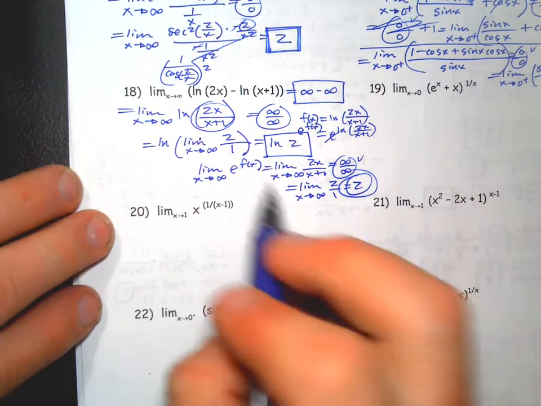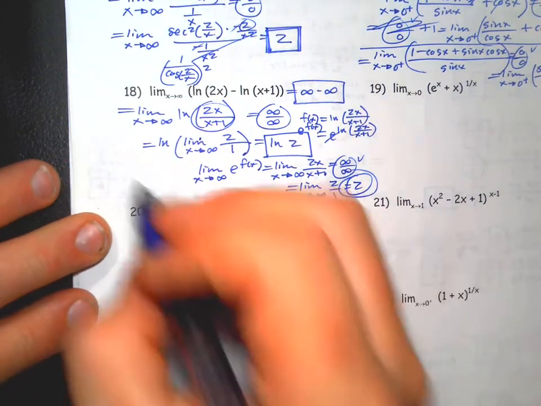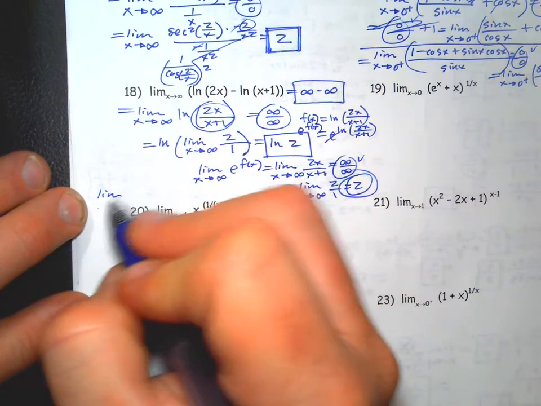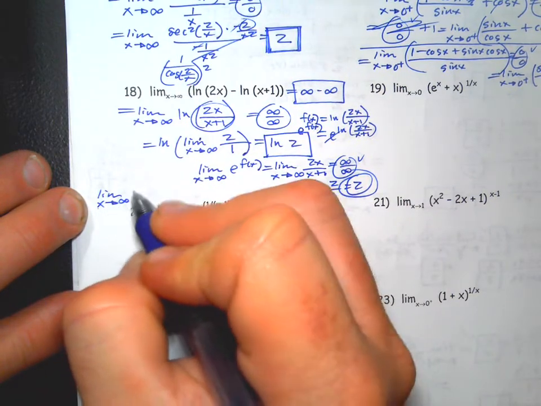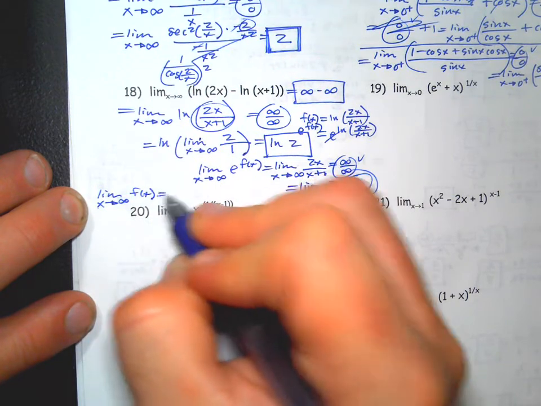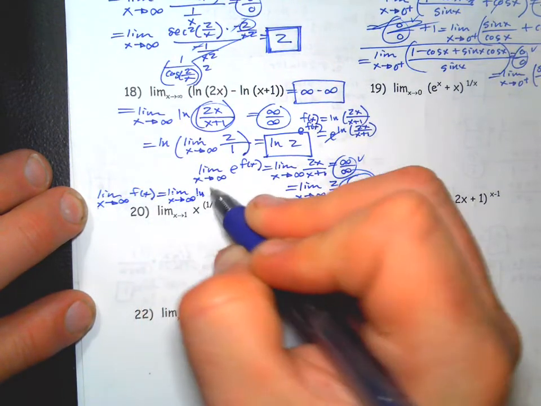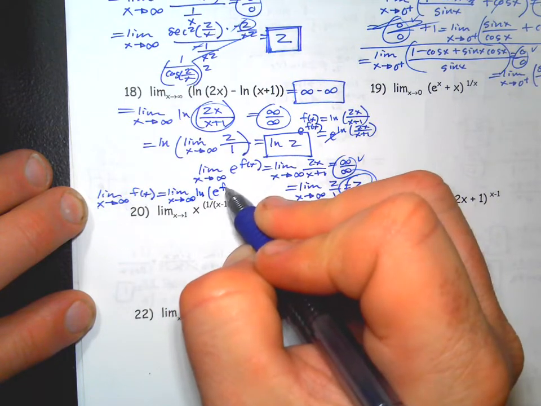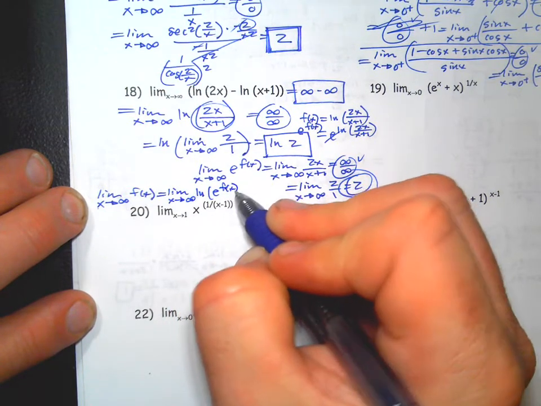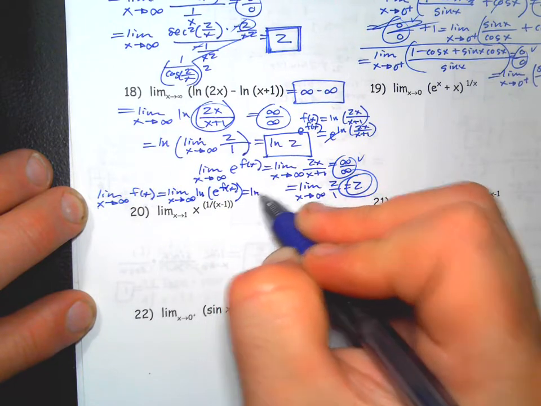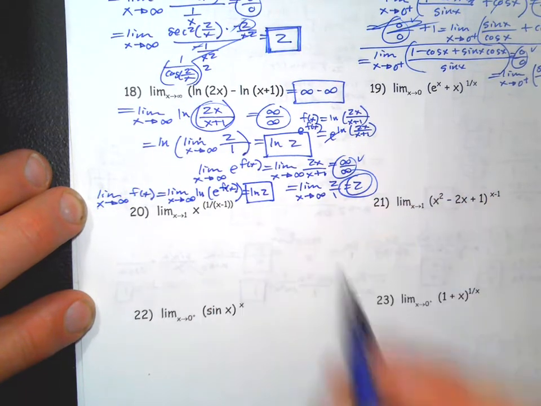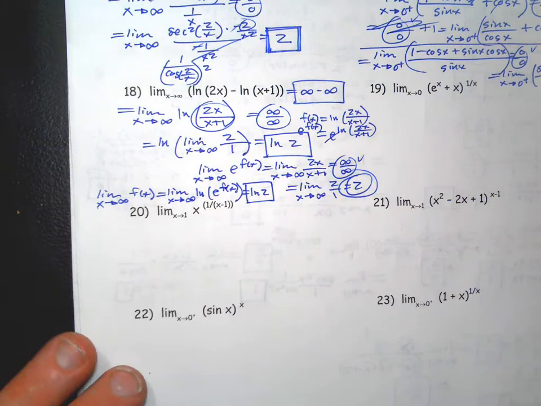But then you have to re-log this function. So if you want the limit of the original function, you take the natural log of e to the f of x, which is what we just found, and we get natural log of 2. So I guess that'd be a little more efficient way of doing it.